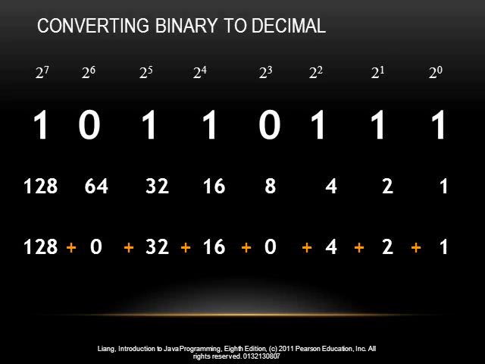And 1 times 2 to the second, and that gives me 4. So notice that as we start building our chain here and adding these numbers up, we have 0 in position 2 to the third, and we have 0 in position 2 to the 6th, so we don't add those numbers in.